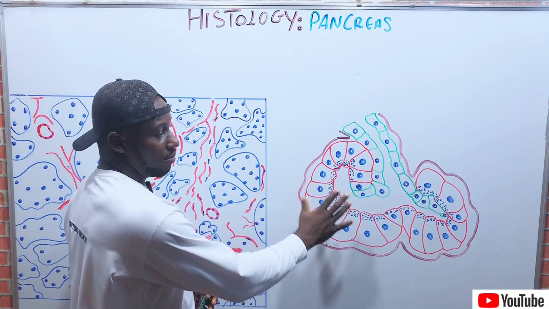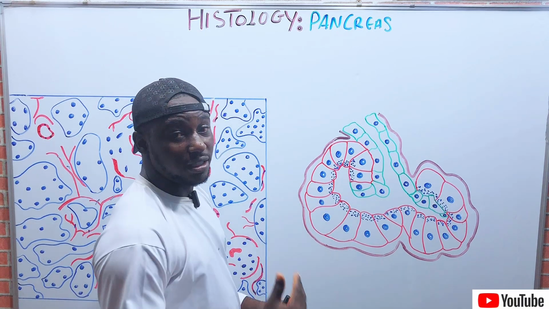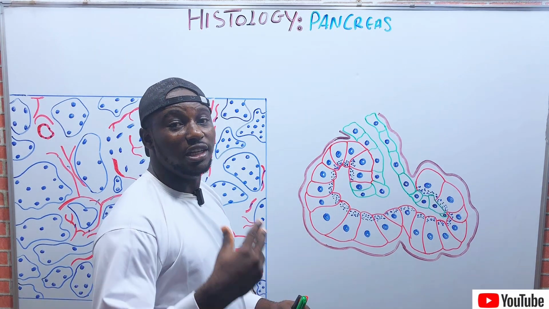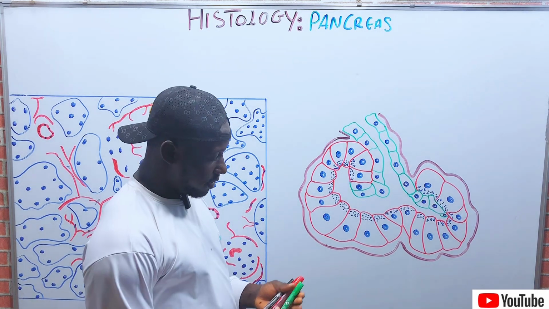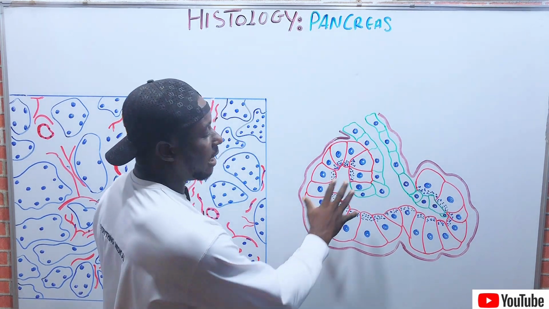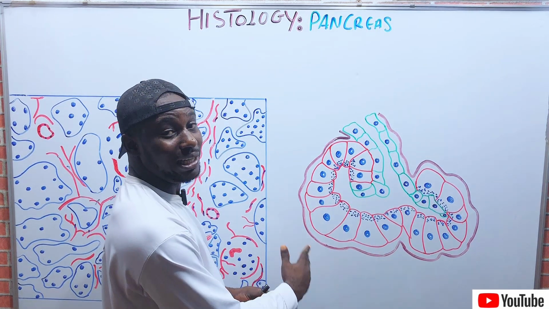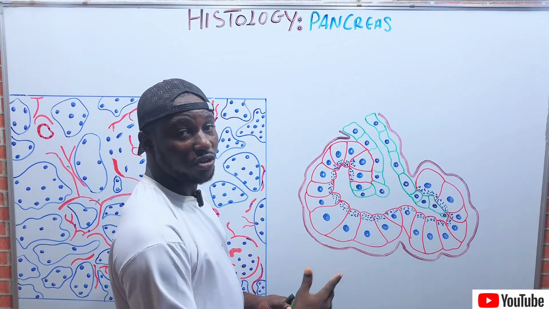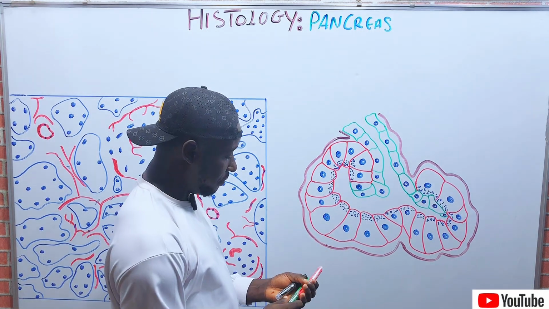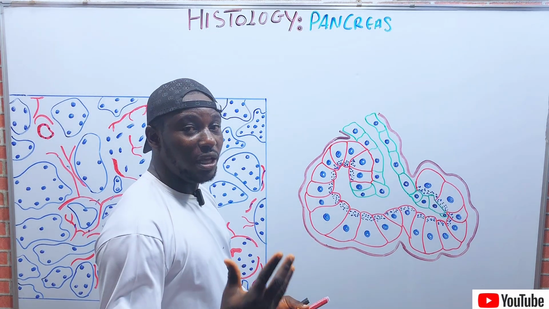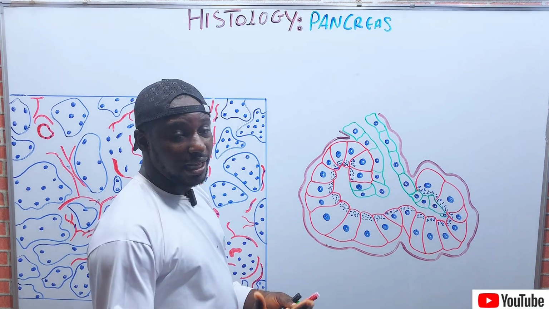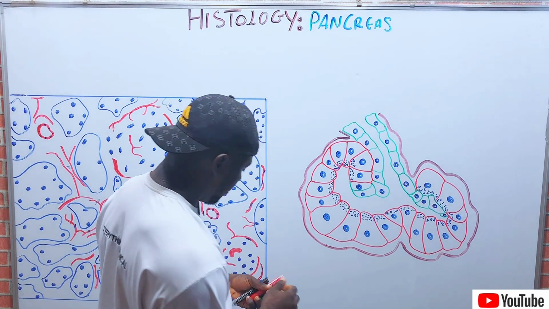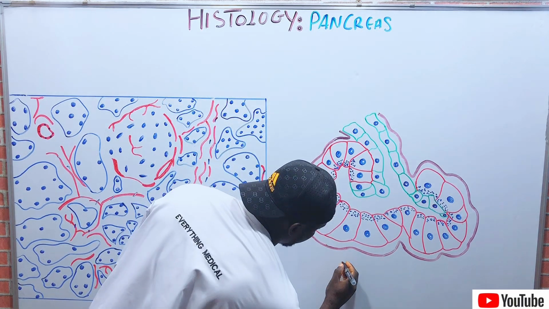These two diagrams depict everything that we shall be explaining on the histological features of the pancreas. This diagram here is called the pancreatic serous acini diagram because it denotes the pancreatic serous acini and also the centroacinar cells, right?